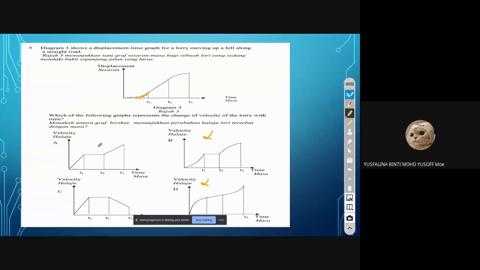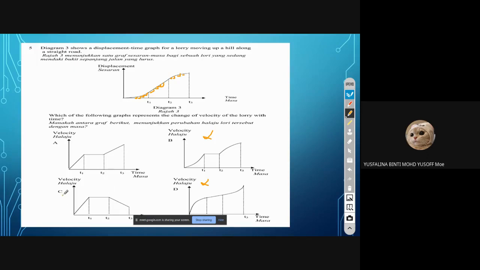Then for this part, if you draw a triangle, the triangle will be the same, so the velocity is constant. So for this one, you are both still correct. Then for this part, if you draw a triangle, the triangle becomes smaller, so the velocity is decreasing.